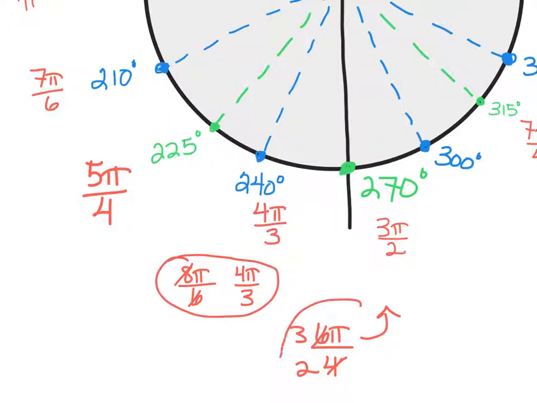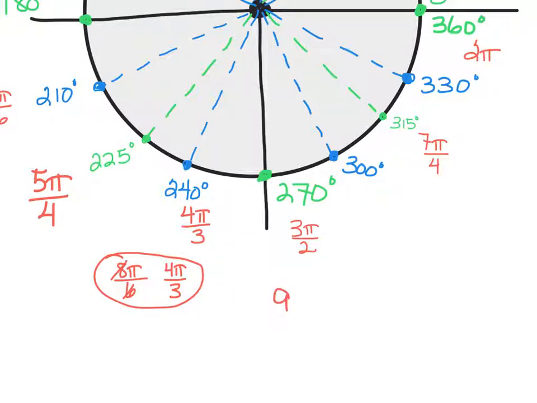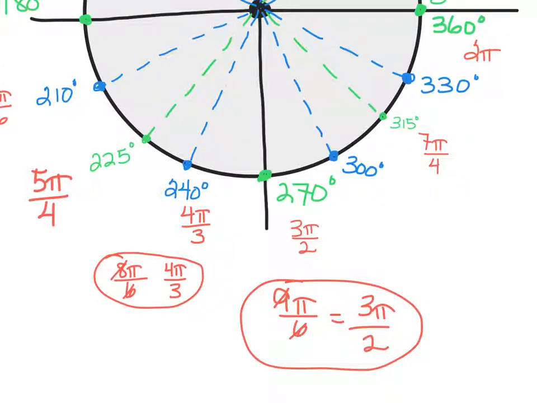I didn't erase this one from the 4s. And then your 270 is going to be 9 pi over 6. And so 9 pi over 6 simplifies to 3 pi over 2, which we already had. 300 then would be 10 pi over 6.